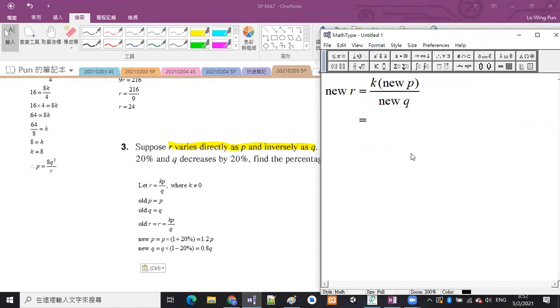But we have already found the new P and new Q. New P is 1.2 P, and then new Q is 0.8 Q. Okay? So luckily, there are no square, no cube, and so on, no square roots. Okay? So we may just split the number out to the front of the fraction.